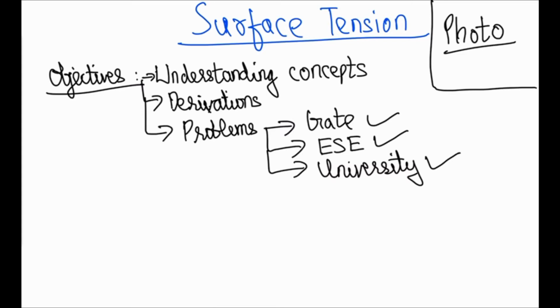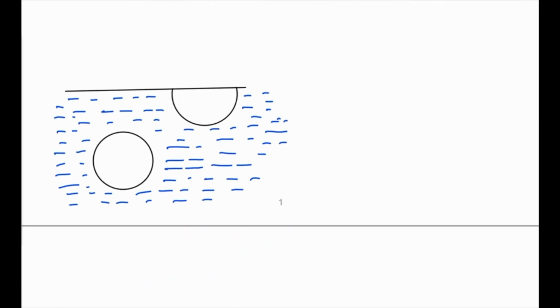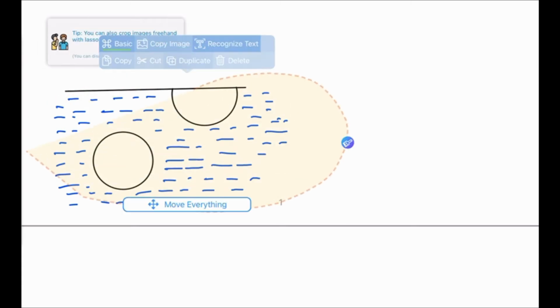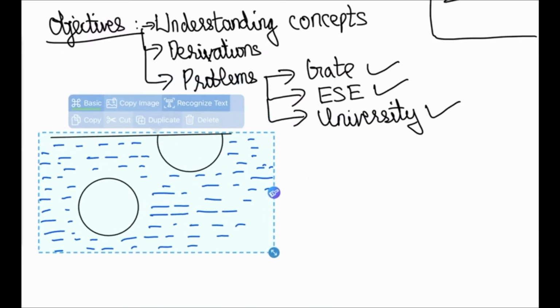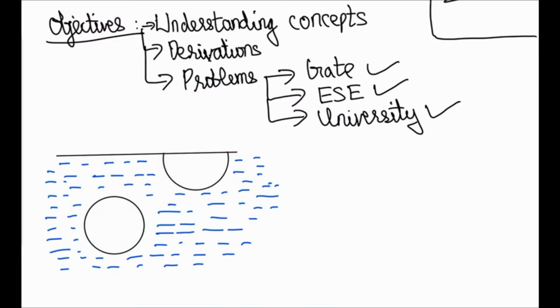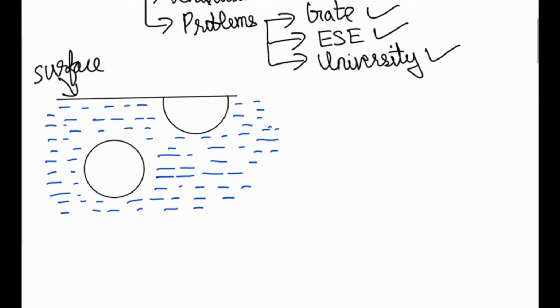Okay, now let us talk about what surface tension is. Let me consider this diagram. Whatever we are seeing here is the surface, and when we zoom in, with a microscopic approach, we see two water molecules.